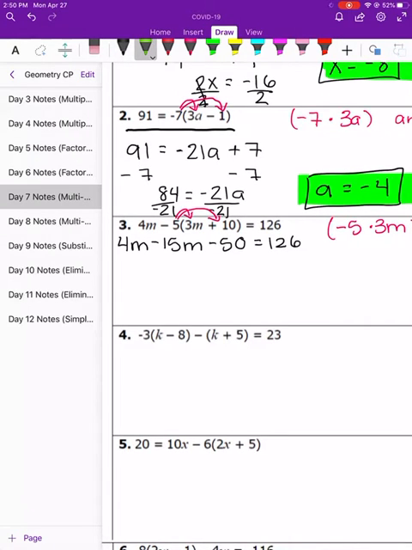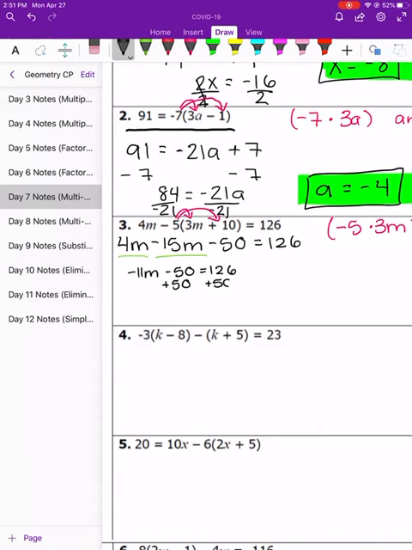Okay, so now I'm going to see if I can combine like terms. I see on the left side I have a 4m and a negative 15m. Nothing right now combines with the negative 50 or the 126. So 4m minus 15m is negative 11m. And then I'm going to keep that minus 50 equals 126.